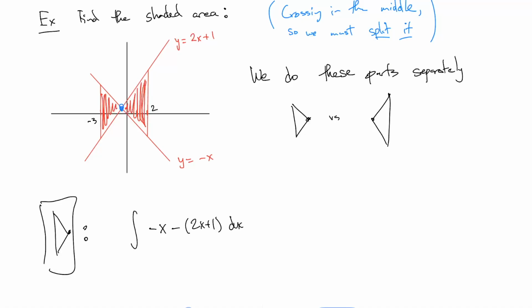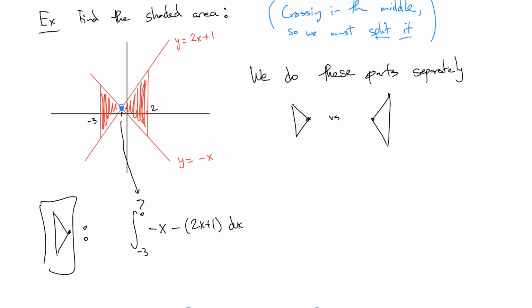We do have to do a little bit more work to get the a's and the b's. The a is the left side, and the b is the right side, which is that blue point. But I didn't tell you where that blue dot is. So the a is at minus 3, the x value right there.